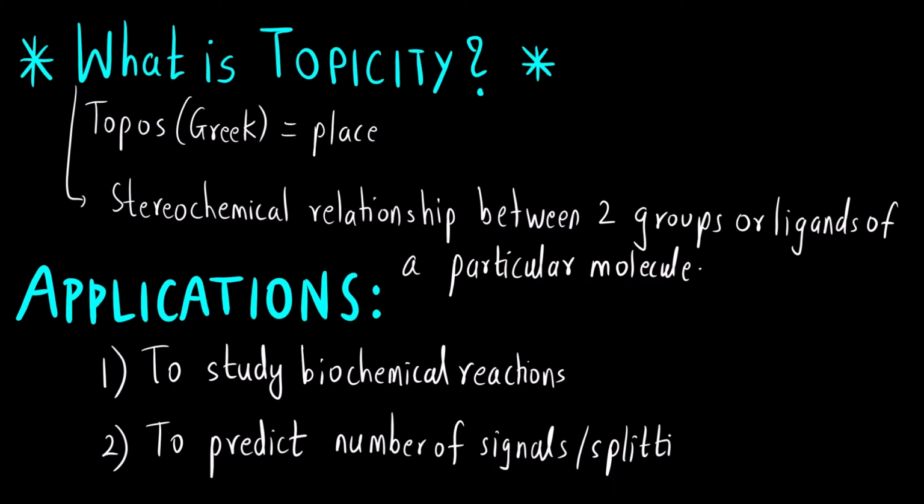In NMR we use this concept of two groups being stereochemically equivalent or non-equivalent. What is the relation between them, that we are going to see in NMR, nuclear magnetic resonance. There it is important to know whether a set of groups are the same or different.